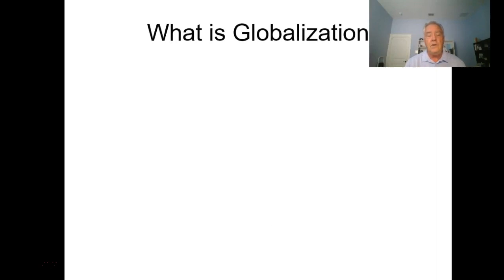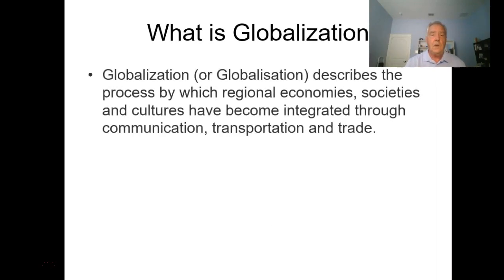So what is globalization? Globalization describes the process where regional economies, societies, and cultures have become integrated through communication, transportation, and trade. This is key. This is where we all work together and we become a trading partner with all the other countries of the world.